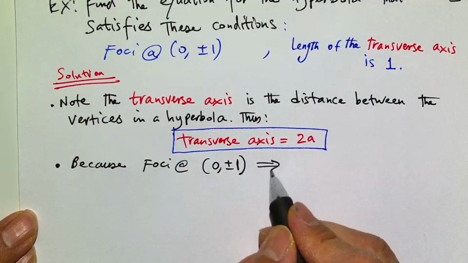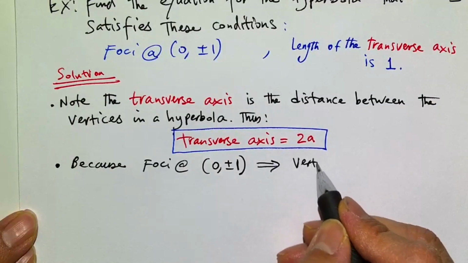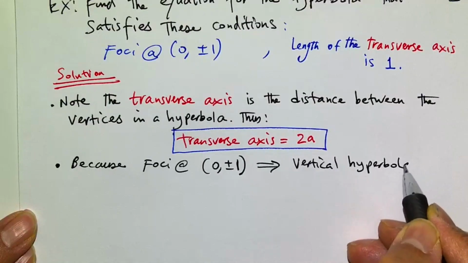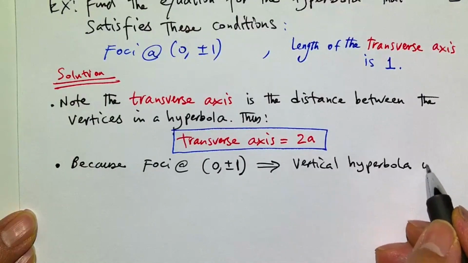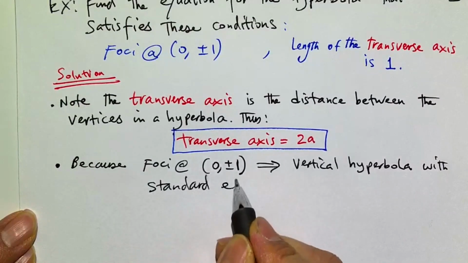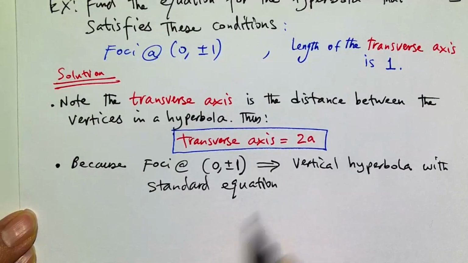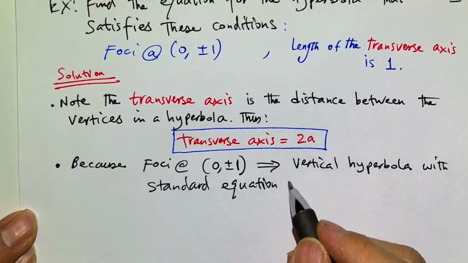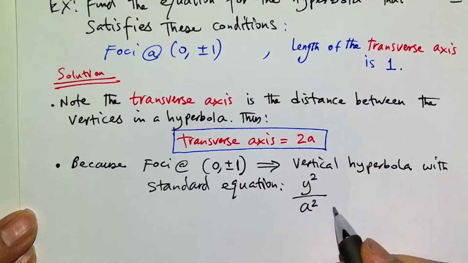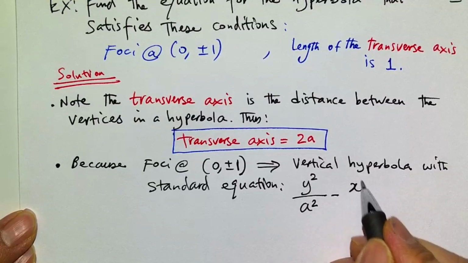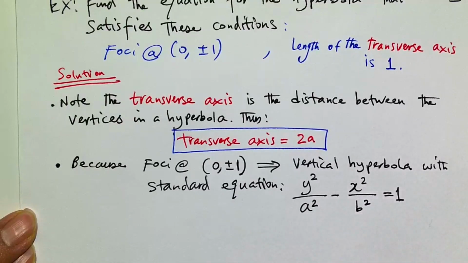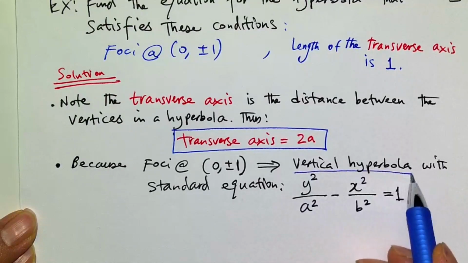Then we have a vertical hyperbola with the standard equation, y squared over a squared minus x squared over b squared equals 1. Okay, so that's the standard equation.